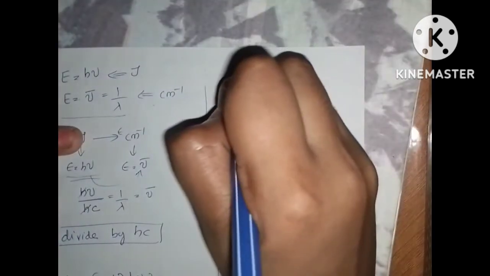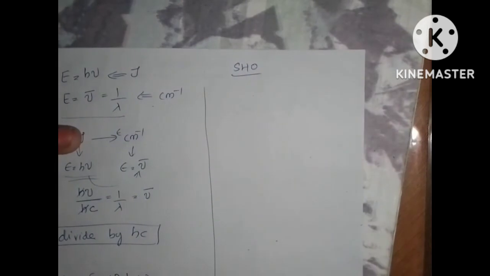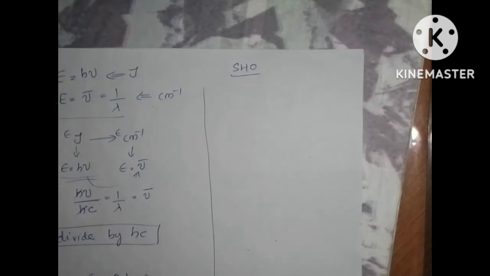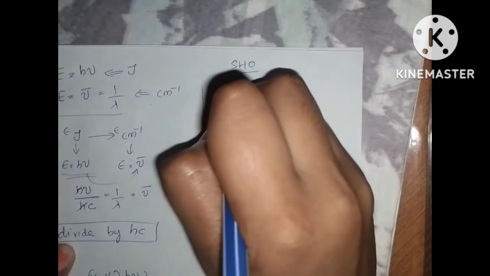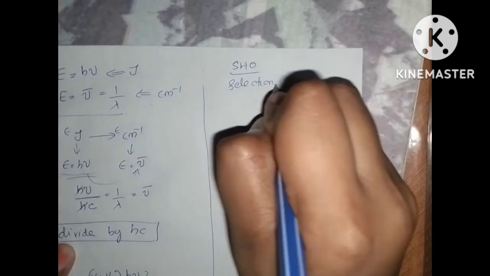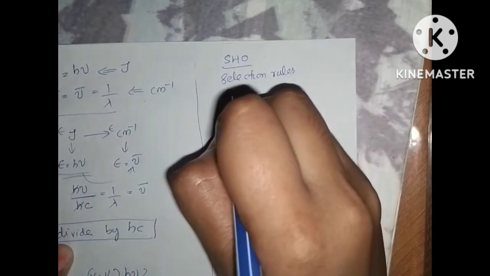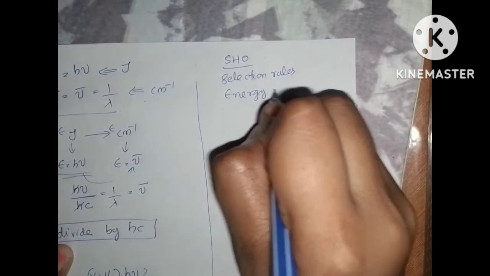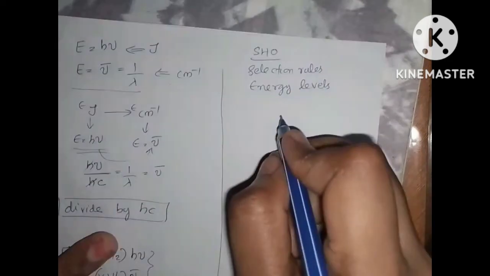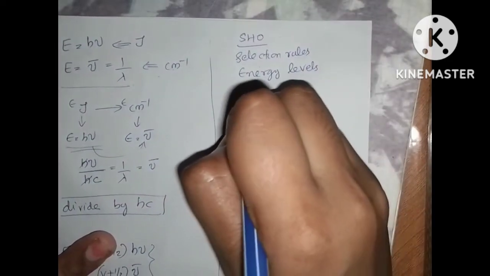So within an SHO type molecule, that means a molecule oscillating as a simple harmonic oscillator, we have said the selection rules and the energy levels. Now we have to say how the spectrum will look.